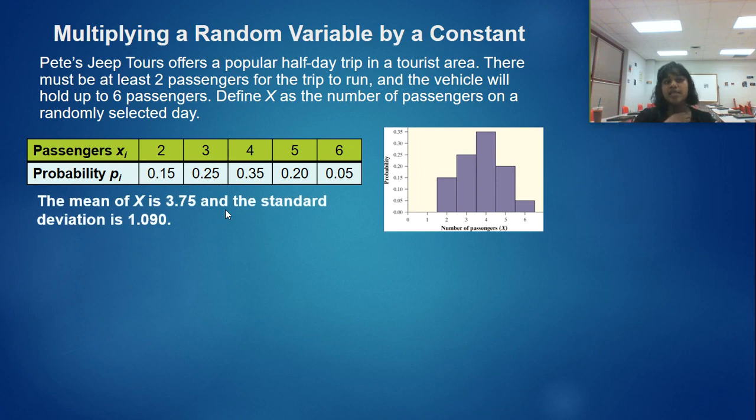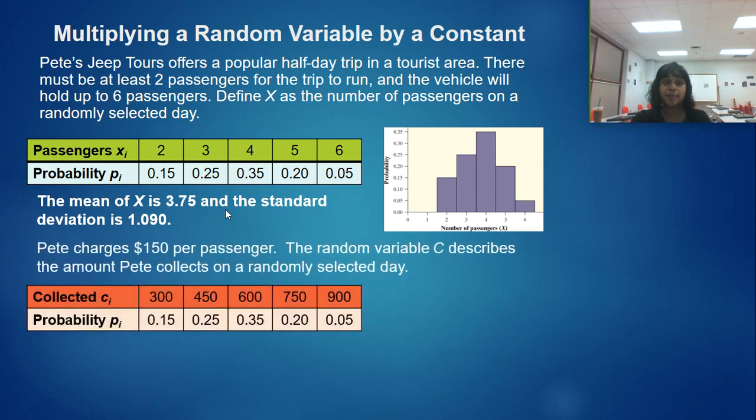We calculated the mean and the standard deviation separately, and we found that the mean was 3.75 and the standard deviation is 1.09. But Pete is charging $150 per person. If I define a new random variable C as the amount of money that Pete collects on any randomly selected day, then we can create a new table of values.